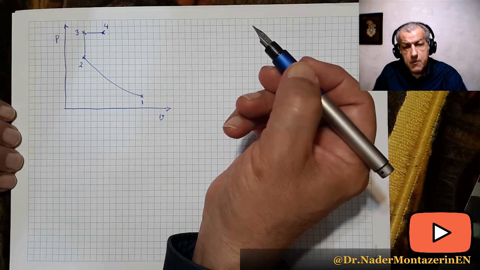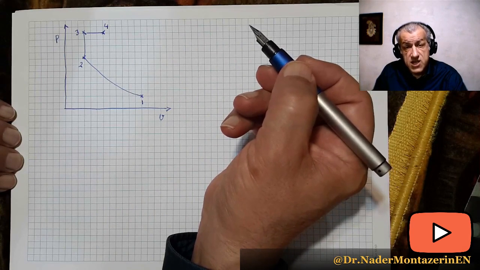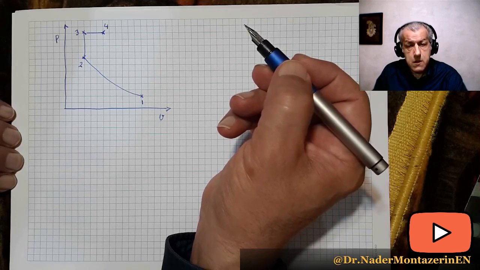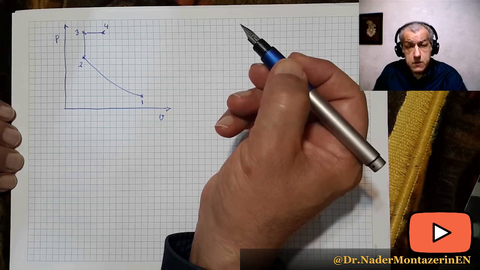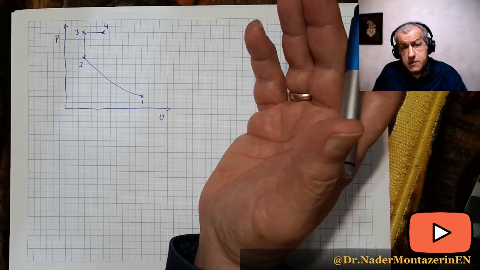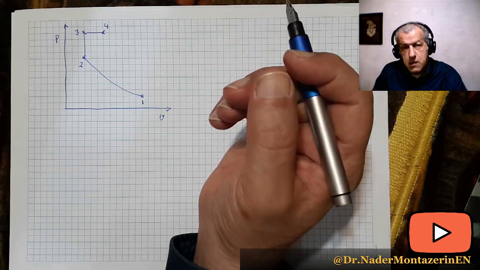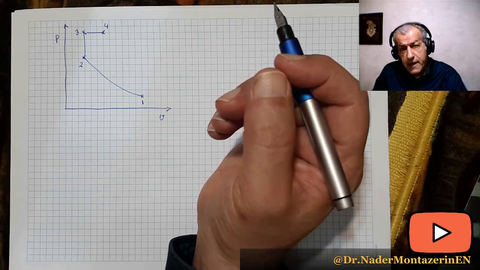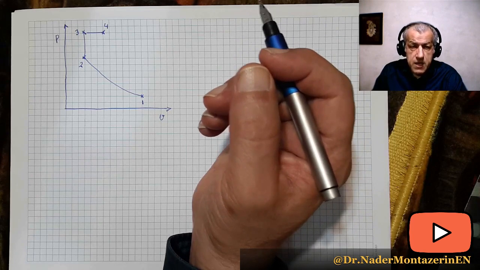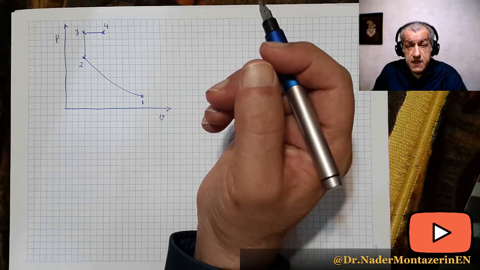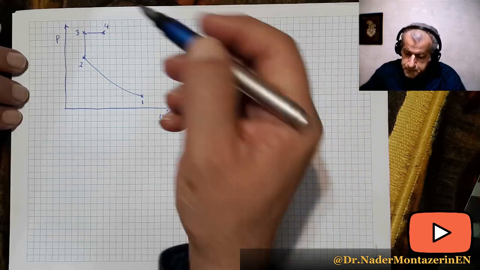This is the part where fuel is injected, and since the pressure is high, it would start to burn immediately, but the burning speed depends on the injection of the fuel, and since the piston is moving back, a constant pressure line would be a better representation of the heat addition section.